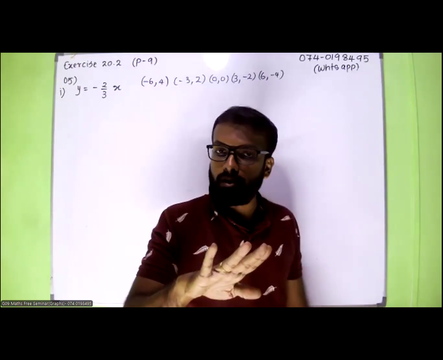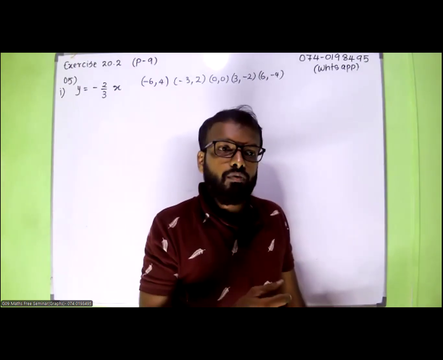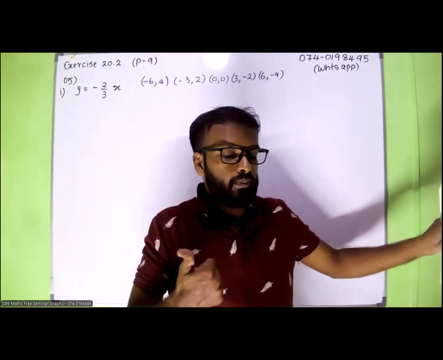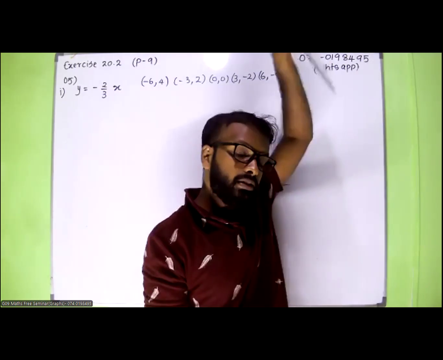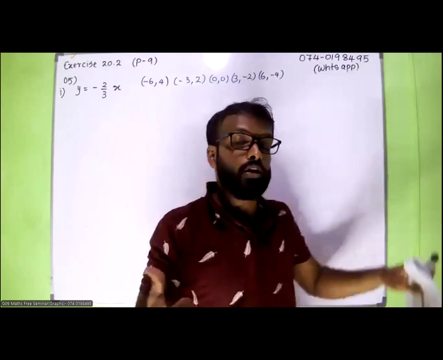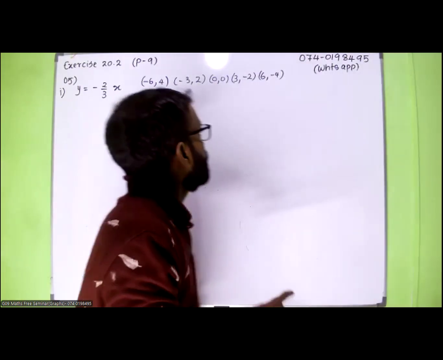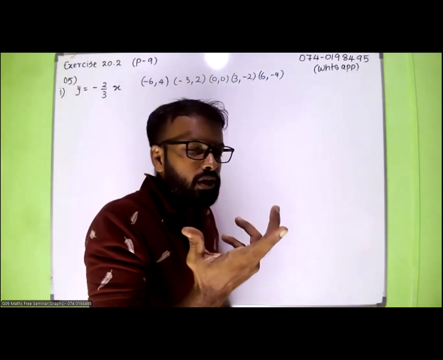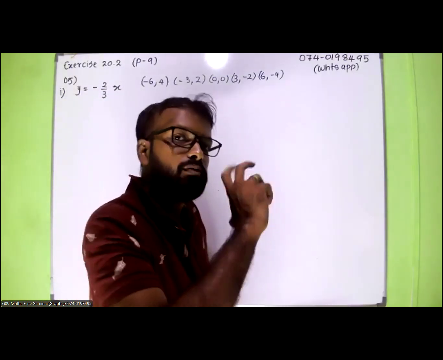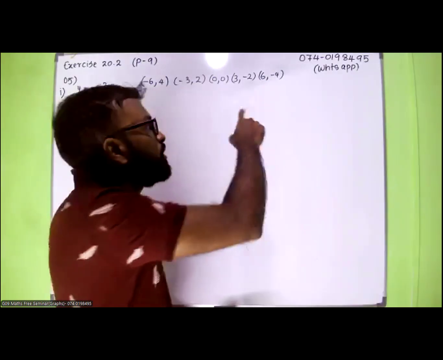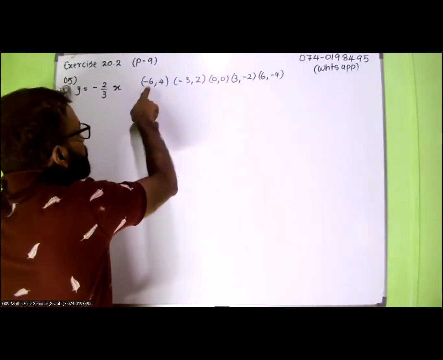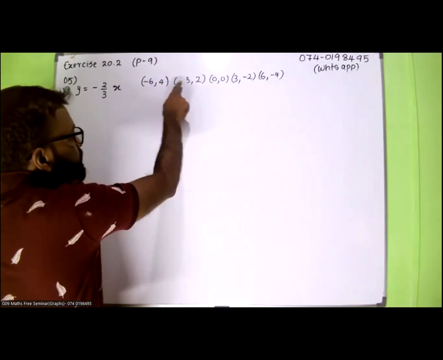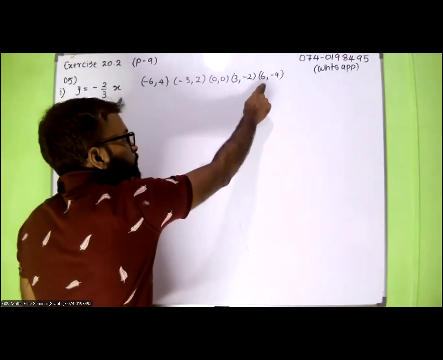How far should I draw the x-axis or the y-axis? So you need to take 1 to 2 seconds to analyze the x coordinates and y coordinates of the points. Here you have 5 points. These are the x values: minus 6, minus 3, 0, 3, positive 6.